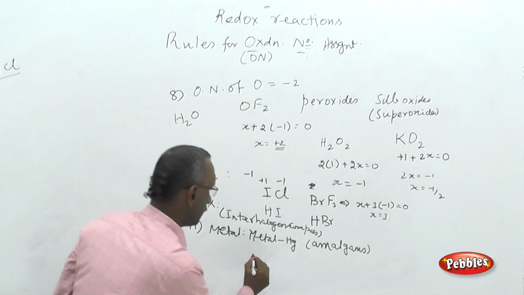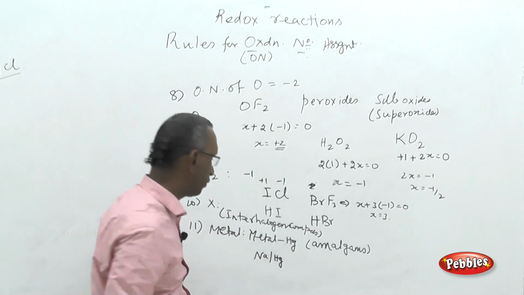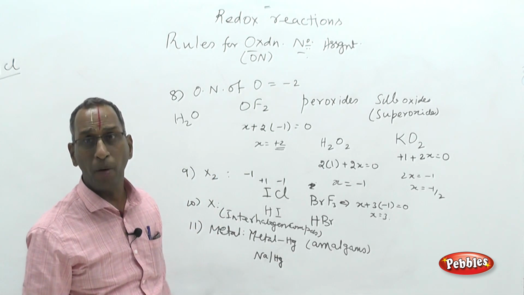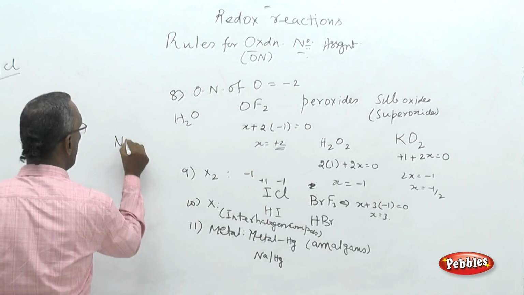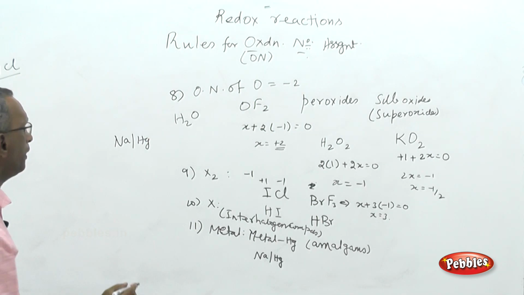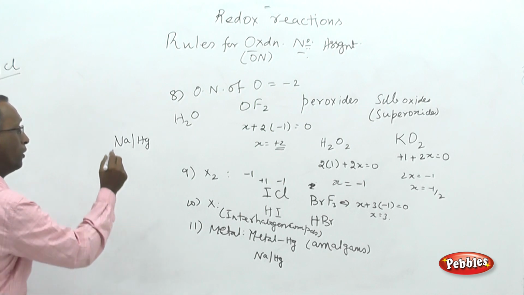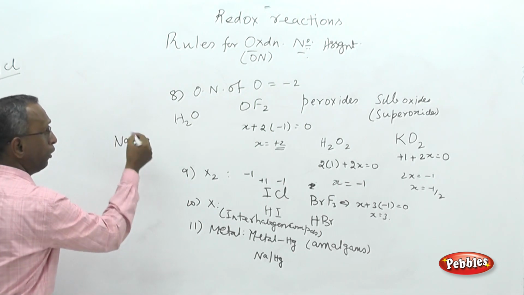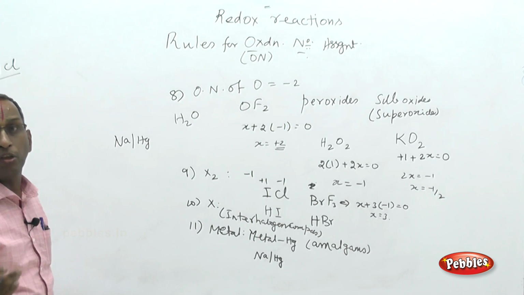In such cases, sodium amalgam is used as a reducing agent. Tin amalgam is used as a reducing agent. Sodium is a metal, mercury is also a metal, and likewise tin amalgam and zinc amalgam. In all these cases all are metals, so you cannot assign positive oxidation states to both.